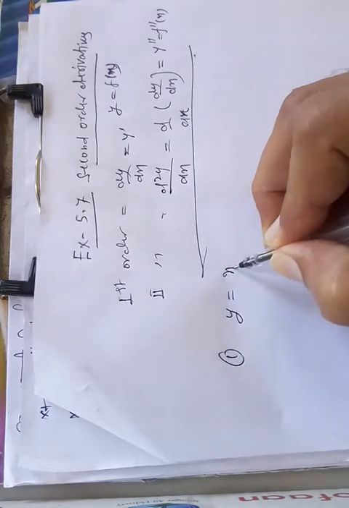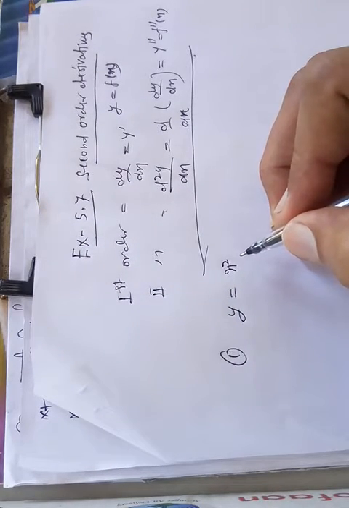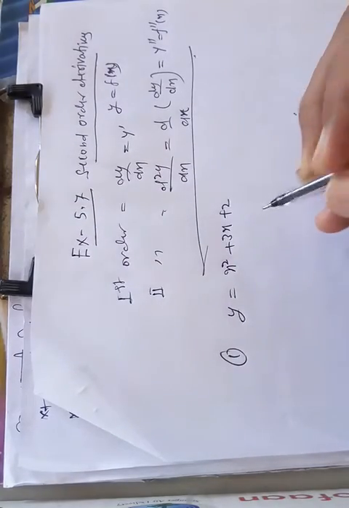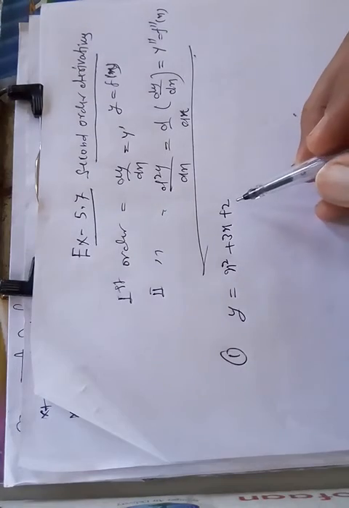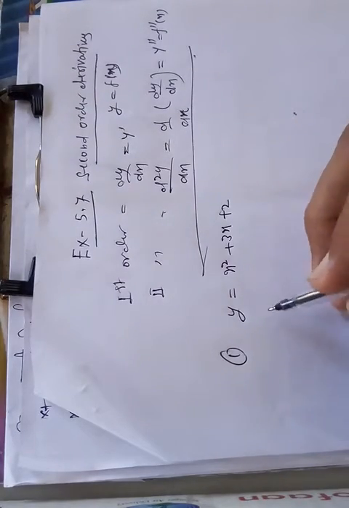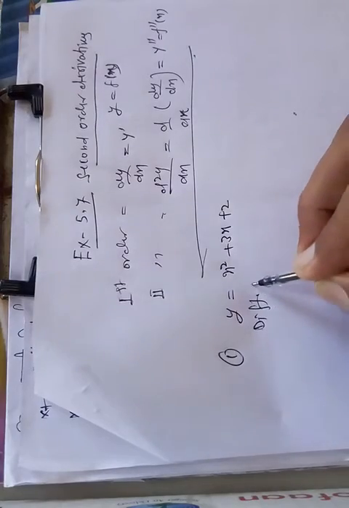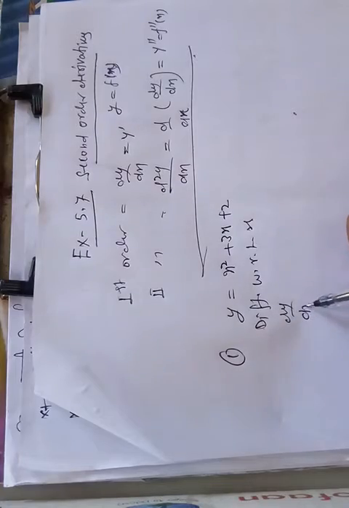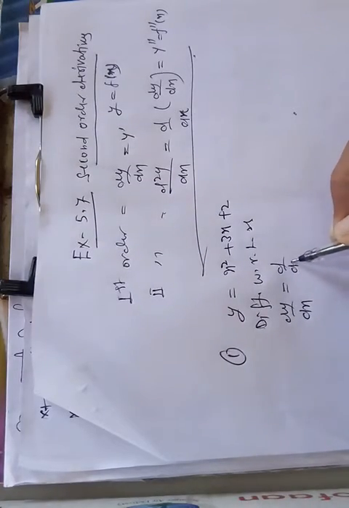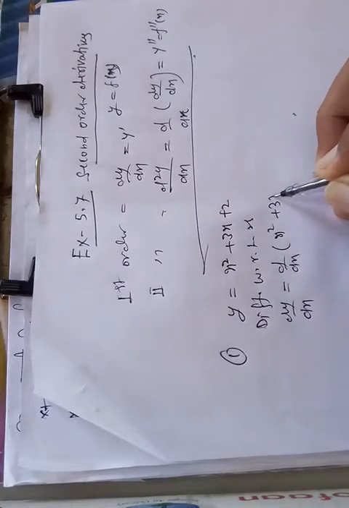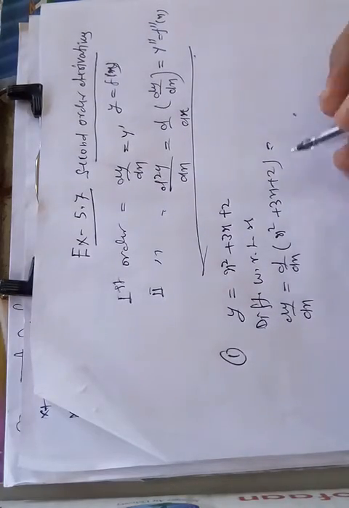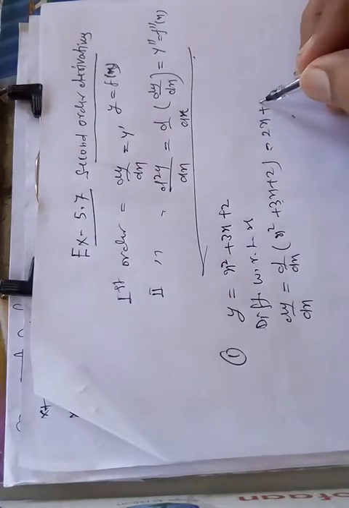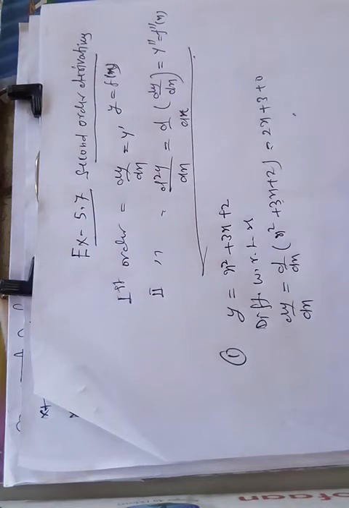Now question number 1: y equals x square plus 3x plus 2. Differentiate with respect to x. dy/dx equals d/dx of x square plus 3x plus 2, which is 2x plus d/dx of 3x, which is 3, plus d/dx of 2, which is 0.